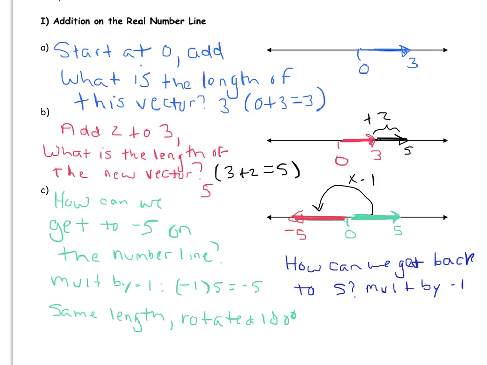So if we follow this whole path, we started at 5, we multiplied by negative 1 to bring us to negative 5, and then we multiply by negative 1 again, and that just gives you another justification as to why negative 1 times negative 1 is equal to 1. Because this negative 1 rotated you 180 degrees without changing the length, but then multiplying by negative 1 again rotated you another 180 degrees, and we were back to where we started. So you really want to associate, geometrically, multiplication by negative 1 with a rotation of 180 degrees.